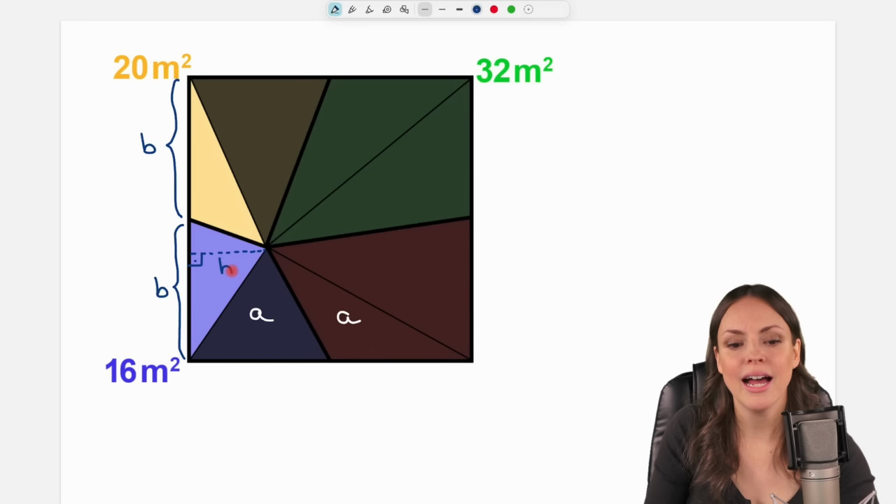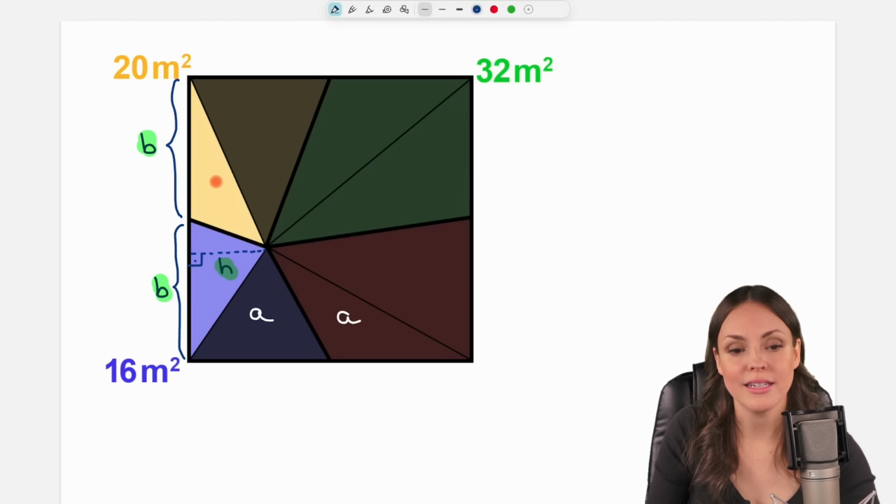So this is my height. And what is my height of my yellow triangle? It has to be perpendicular to this base and has to pass through this opposite point. So it's the same height. Also, these two triangles have the same base and share the same height, so the areas are the same.